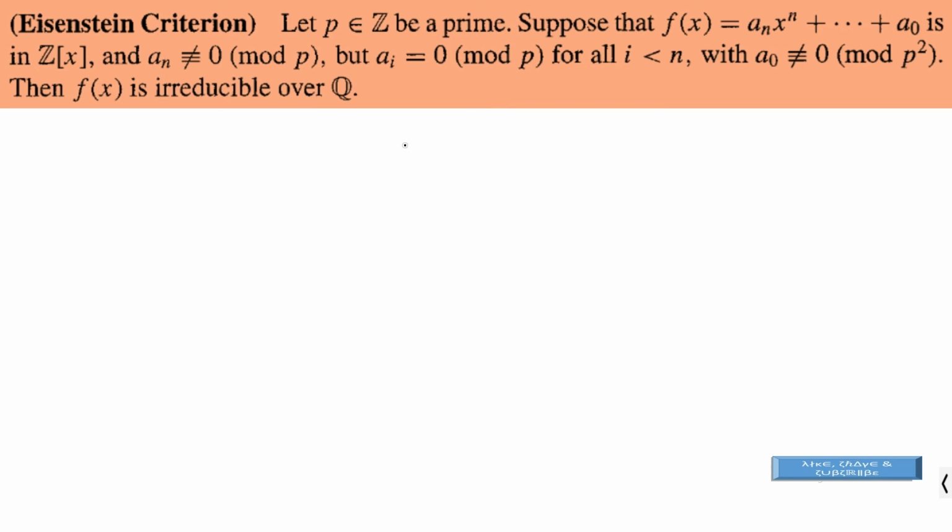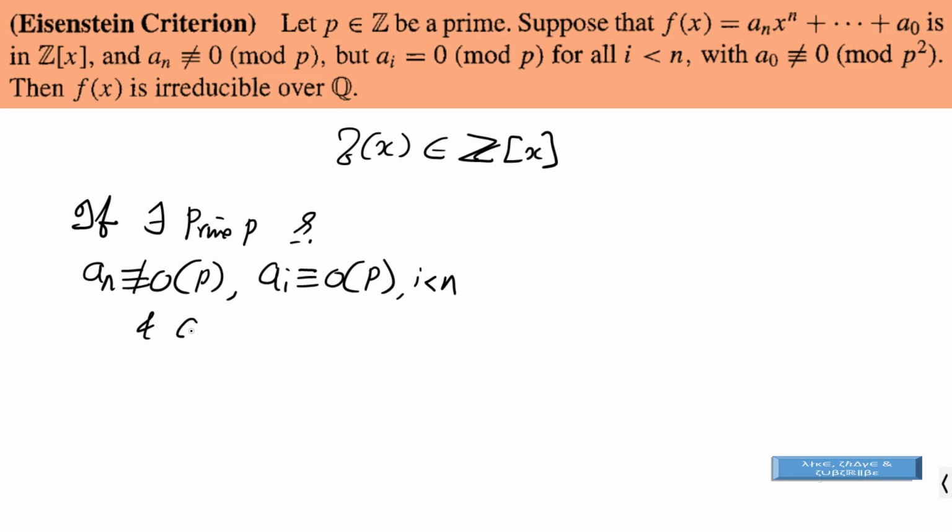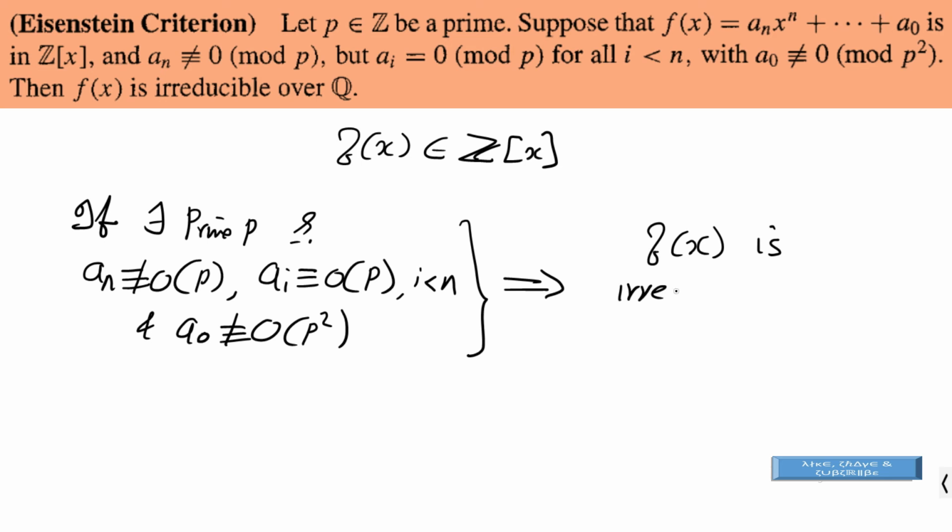Now we are going to discuss the converse of the Eisenstein criterion. So what is the Eisenstein criterion? Once again, f(x) is a polynomial with coefficients from Z, and there exists a prime number p such that a_n is not congruent to 0 mod p, and all other a_i's are congruent to 0 mod p, and a_0 is not congruent to 0 mod p squared, implies that f(x) is irreducible over Q, that is, irreducible in Q[x].